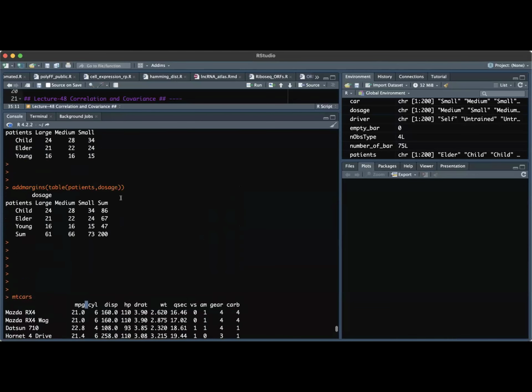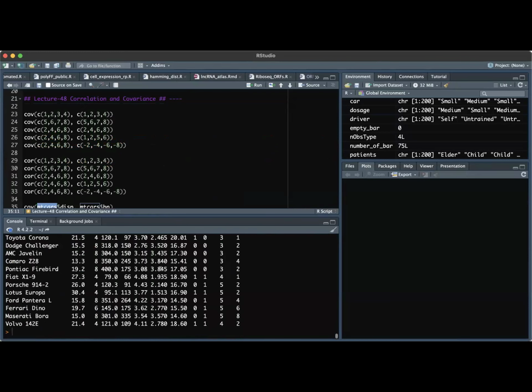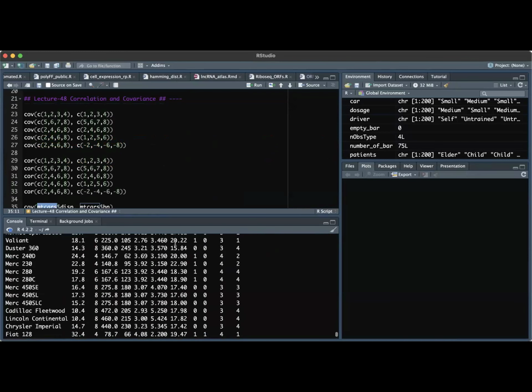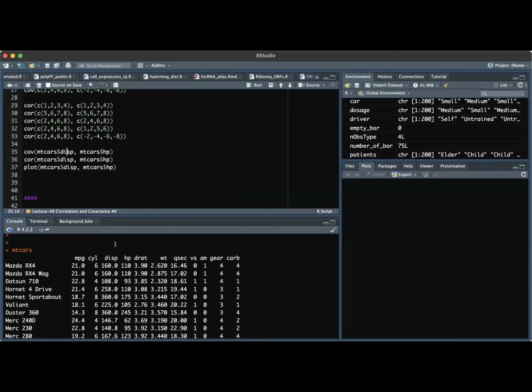I think these are just some engine specifications. Anyway, we have this data. We want to see if some values are correlated. We want to compare this disp parameter and the hp parameter, to see if these are correlated across all the cars.